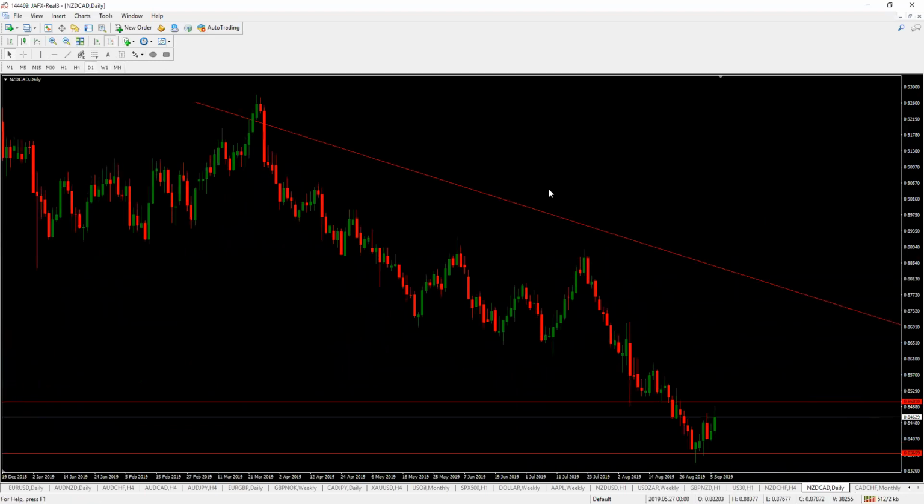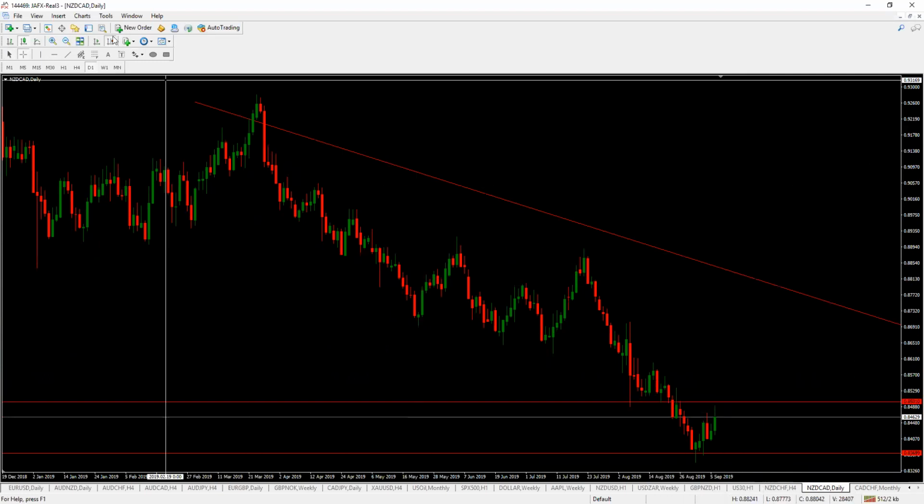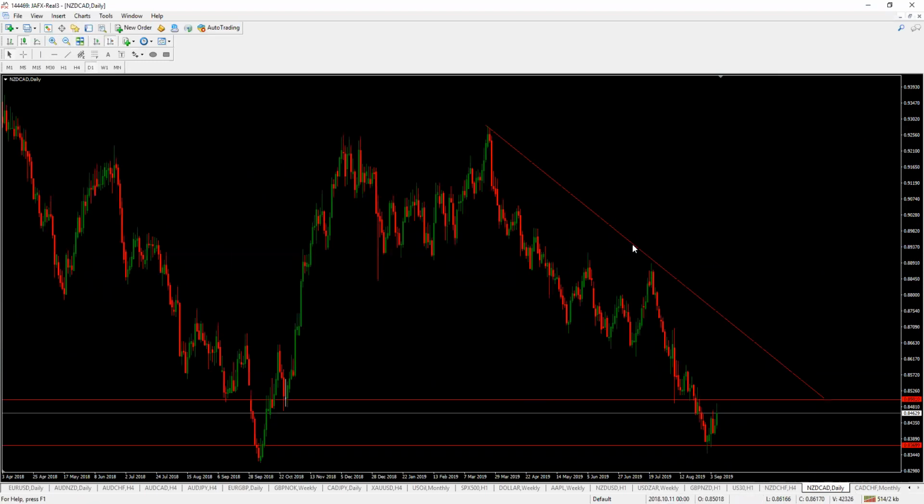Let's go down to the daily. Perfect. It's on the bottom, right? Let's fix this. You might have to fix your trend lines coming from the higher time frames. Always remember that. Sometimes they're correct, but sometimes they're a little bit off.